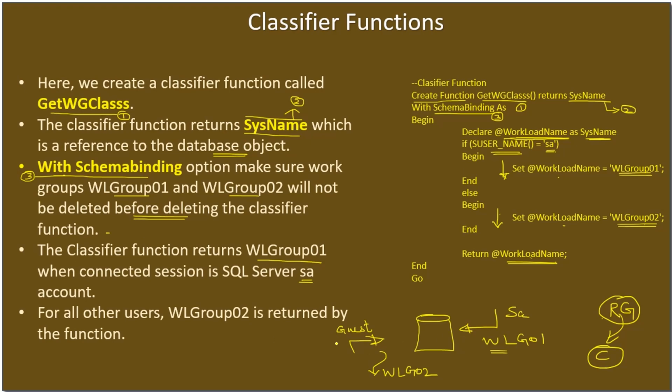For example, if the connected user is guest, workload group 2 is assigned, and a low profile is used to claim resources from our resource pool.